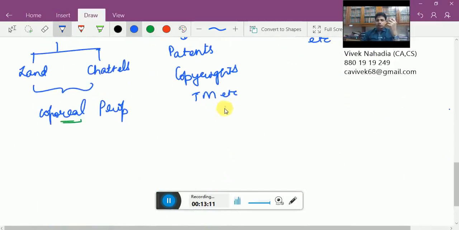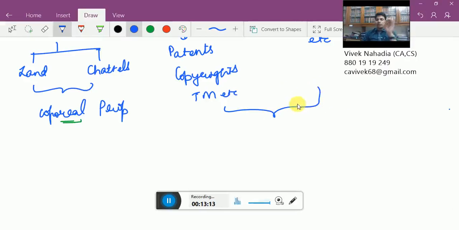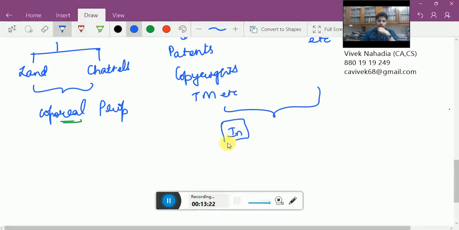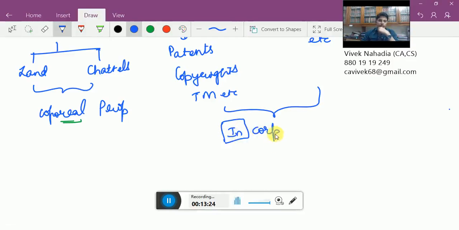So these are together called, obviously these will not be called corporeal property because these are not real. These will be called incorporeal property.